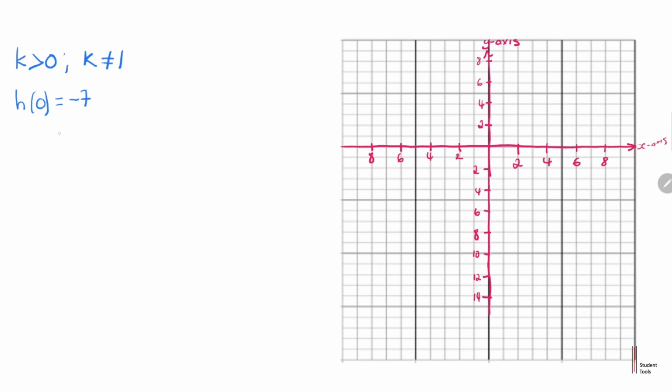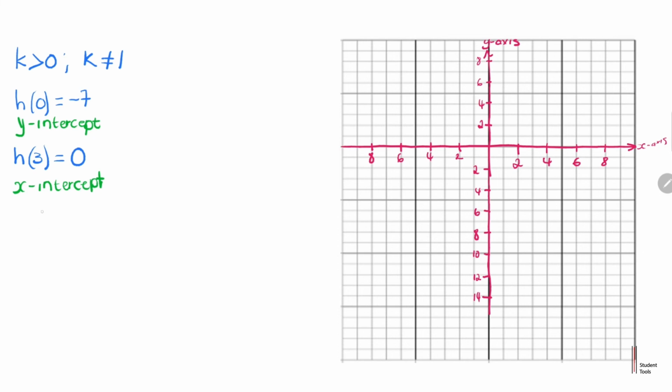So what does this tell us? This means that this is the y-intercept, because x is equal to 0. Then we have h of 3 equal to 0. So what is this now? This is the x-intercept of h.